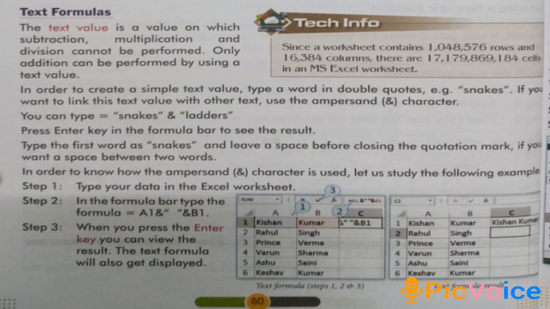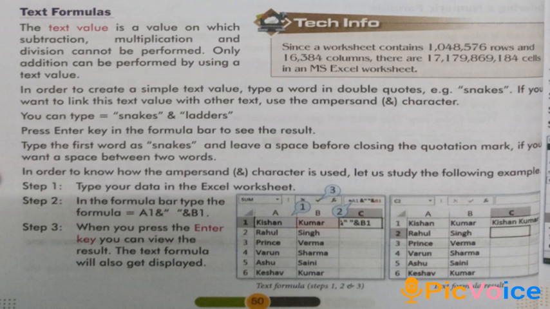And in order to create a simple text value, we have to type the word in quotes. If we want to link one text with other text, we have to use the ampersand character, that means the and symbol.